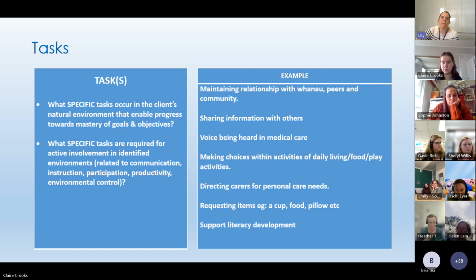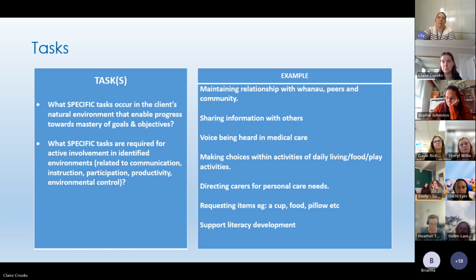It can be something as simple as maintaining or building a relationship with someone. It can be support to participate at mat time at school. It could be around making choices, requesting, supporting literacy development.